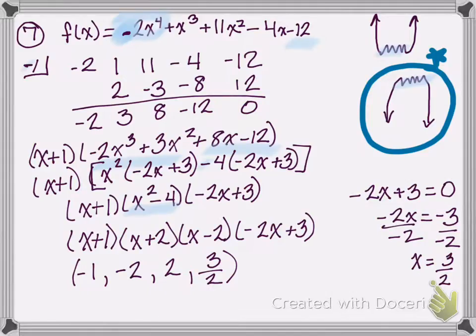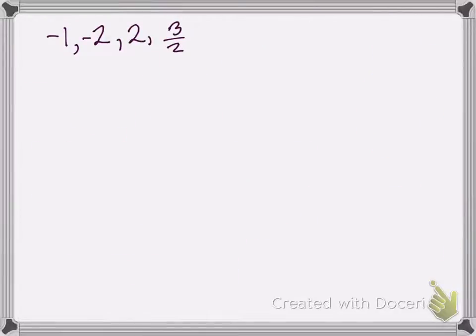Negative 1, negative 2, 2, and 3 over 2. Okay, so we've got our zeros. So I am going to draw my number line. And this represents my x-axis. And so here's 0. Okay, and this is going to help me do my intervals.